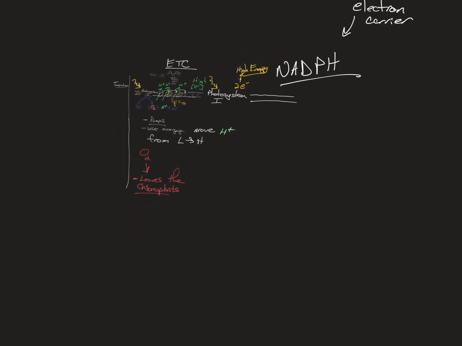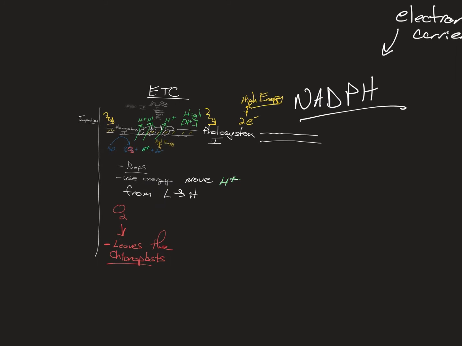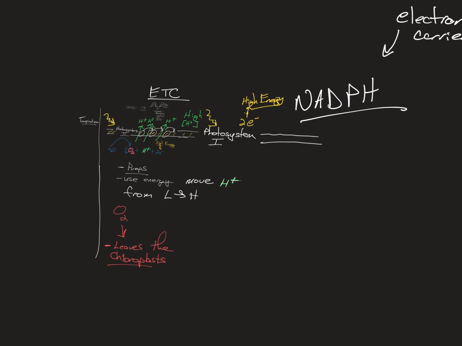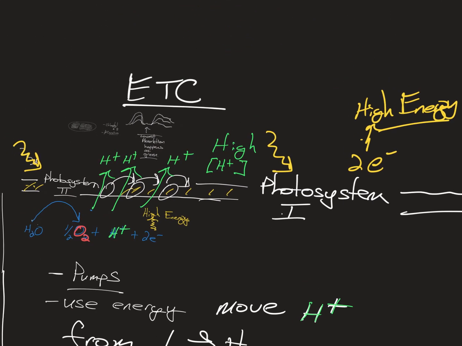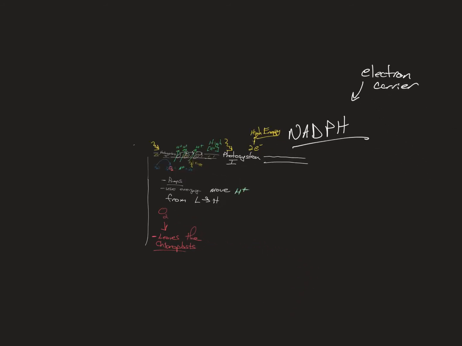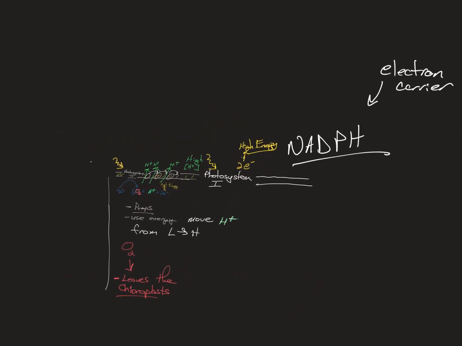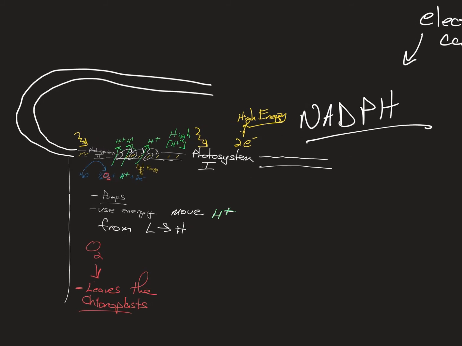Now, we did all this. Well, I shouldn't say we. Plants did all this to create this high concentration of hydrogen ions, not just so that they can make NADPH.